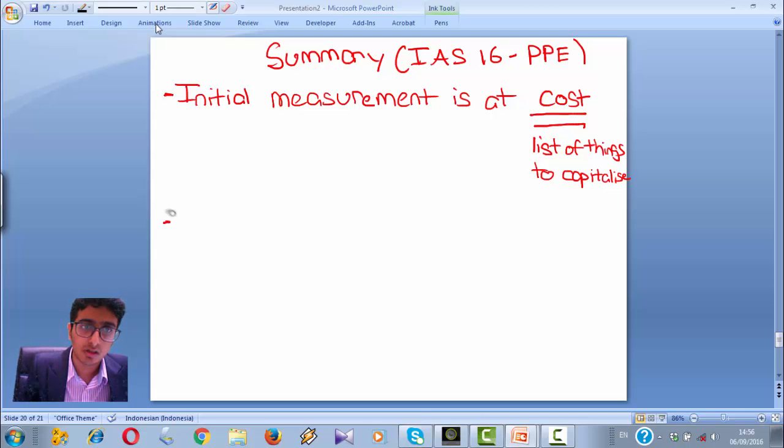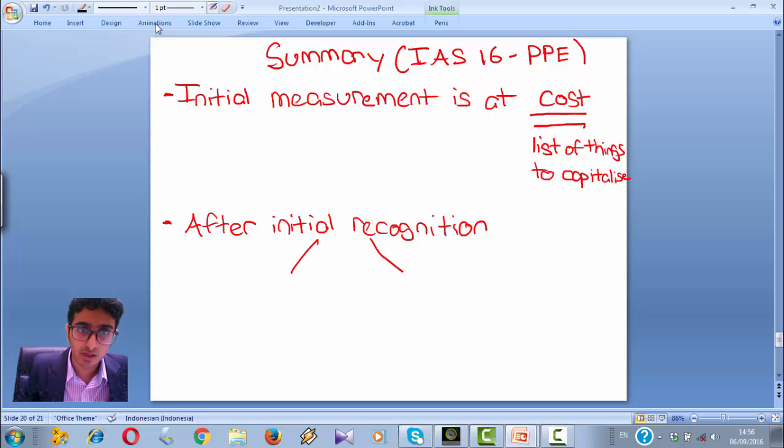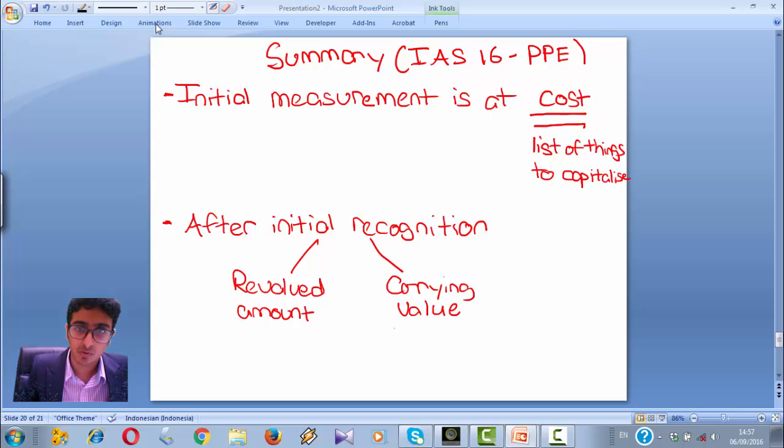After initial recognition, there are two ways. One is the revalued value, or the carrying value, which is cost minus accumulated depreciation.